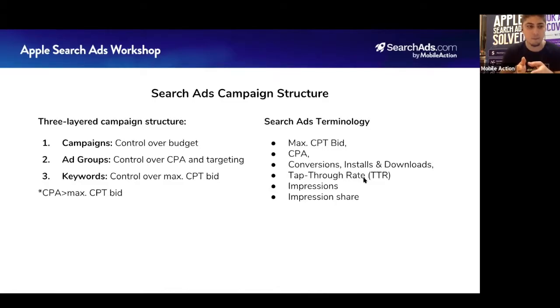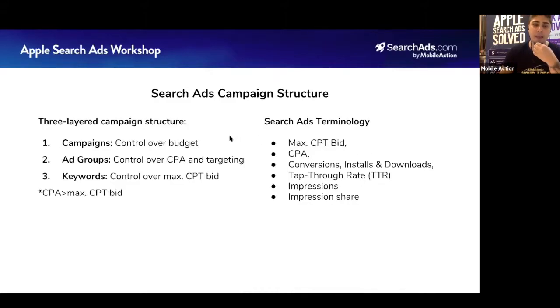It looks at your metadata, which keywords you have in your description, your app title, your keyword field. So first you have to be relevant, and after that your bid decides how much of the impressions you get. The impression share is, out of 100 impressions, how many of them belong to your app. You're able to see this on our dashboard. I'll show it to you later.